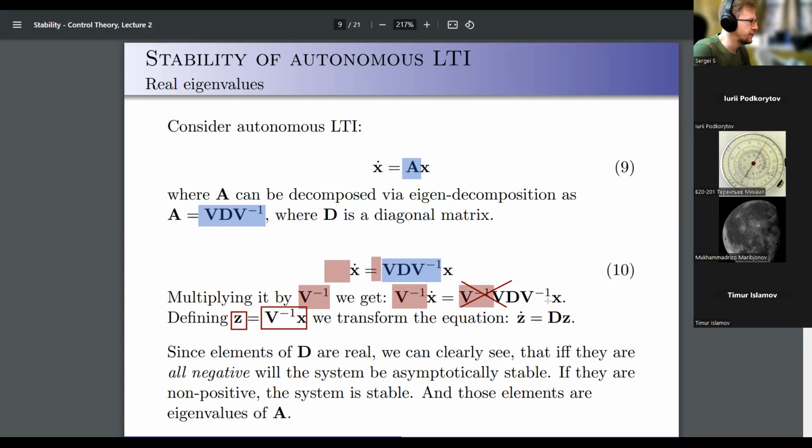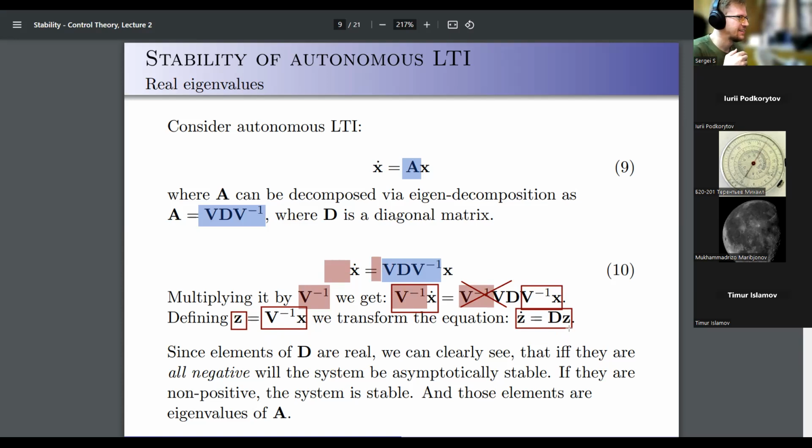So the equation then becomes Z dot, this is Z, and the equation is basically Z dot equals DZ. But this we already discussed previously.